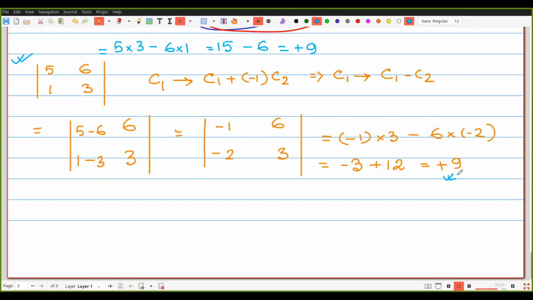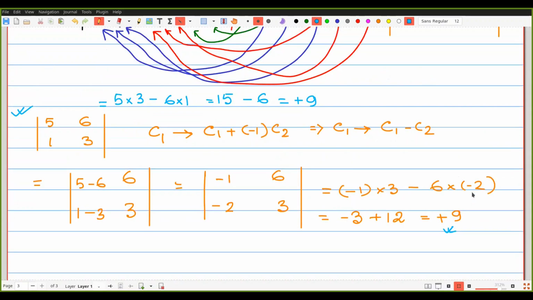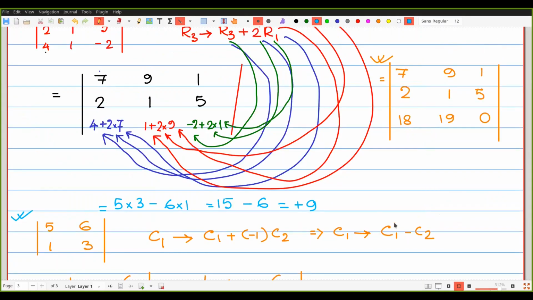Some more examples will be there. Is it clear? Yes, sir. So according to these 5 or 6 properties, whatever the assignments we are given, we can follow these properties to solve for the value.